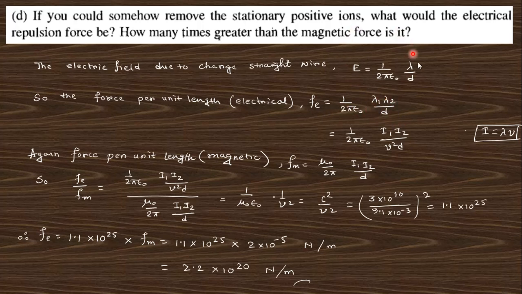Electrical force is charge times electric field, but it is per unit length, so charge per length will be lambda, and that is why this is the force per unit length. Or you can use the formula I equals lambda v, so lambda equals I by v, and you will get this. So this is the electrical force per unit length, and previously we found the magnetic force per unit length. So if you find the ratio, it gives something like that.